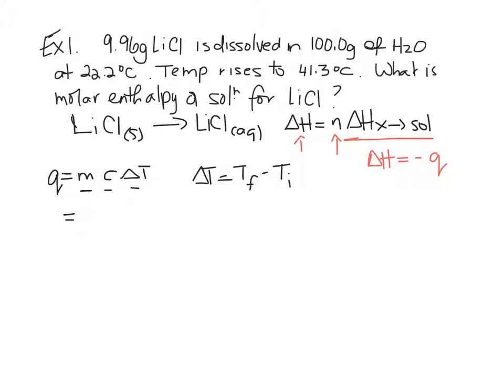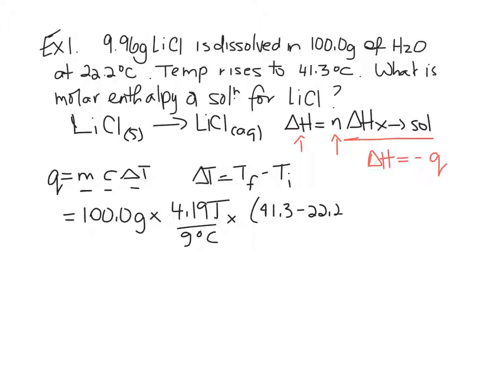So we have 100 grams of water, the specific heat capacity, and the temperature change is 41.3 minus 22.2 degrees Celsius. So the temperature change is going to be 19.1 degrees Celsius.